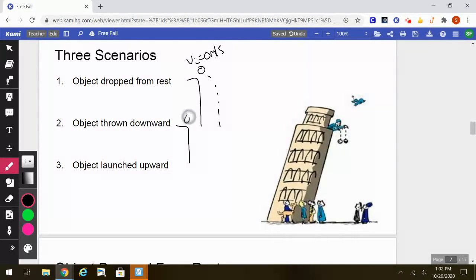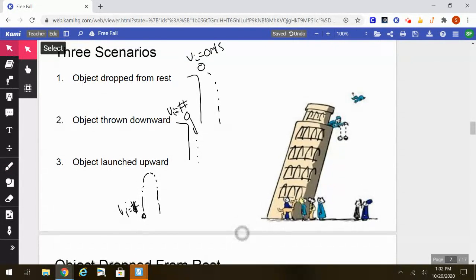So again, we have this object, we're throwing it down. So now our VI becomes some number. And you have when you launch it upwards. I have my object here, I launch it upwards. Well, what happens? It goes up, hits a point, then it comes back down, right? VI will equal some number.